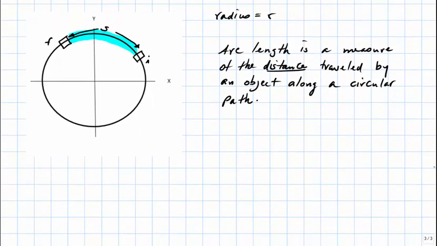As we noted, the symbol for arc length is S, and the units are meters.